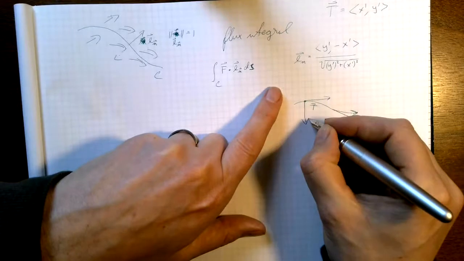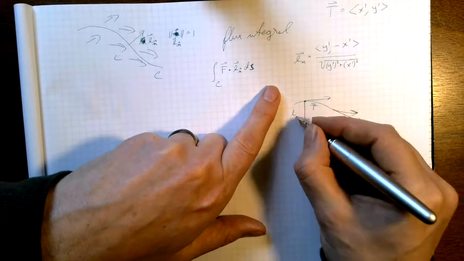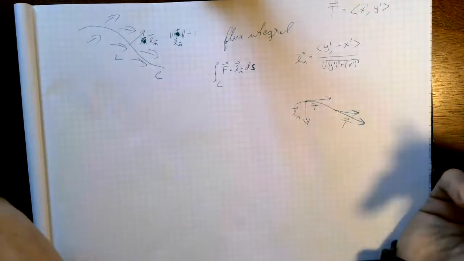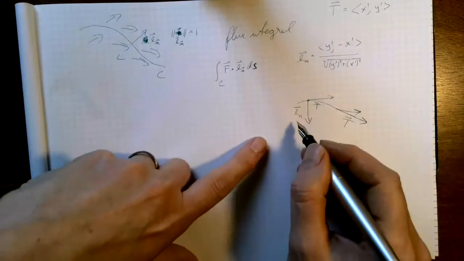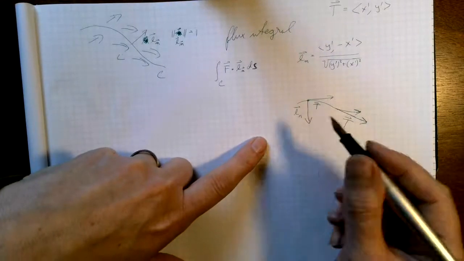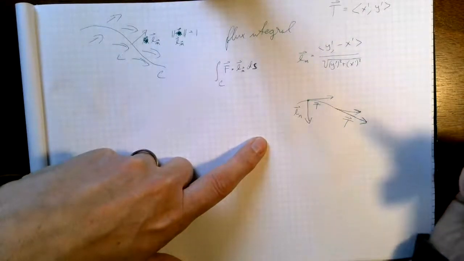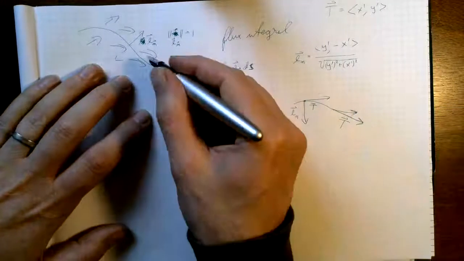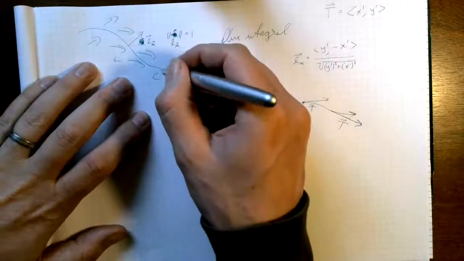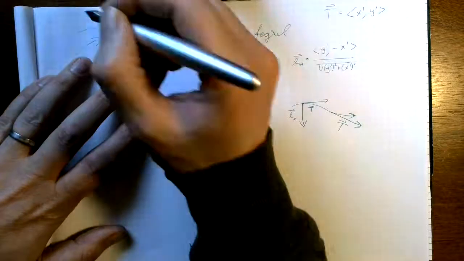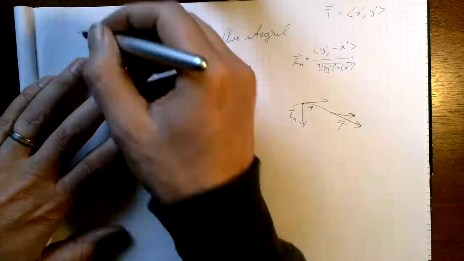So this is the E, right? You always have to figure this out so that you know which direction, what sort of flux you're computing.